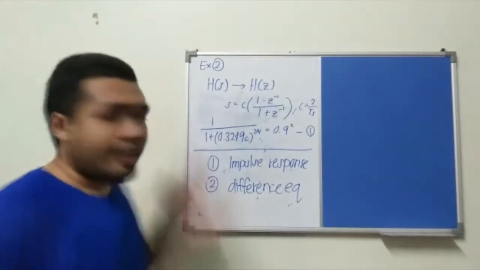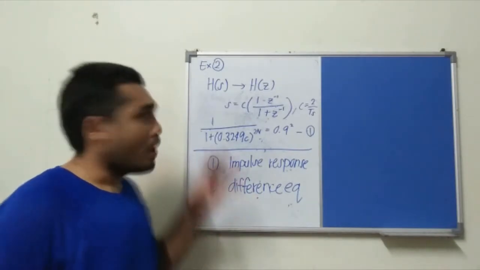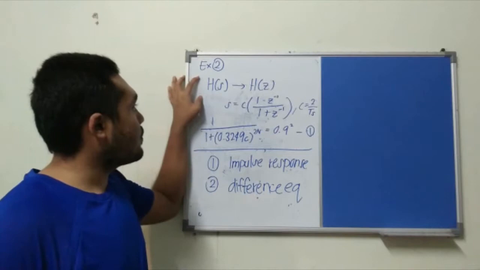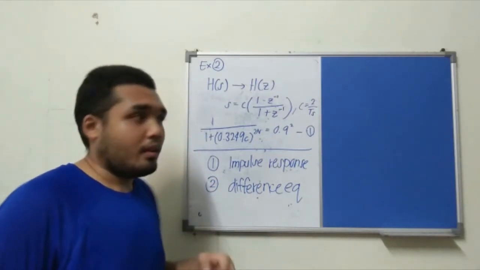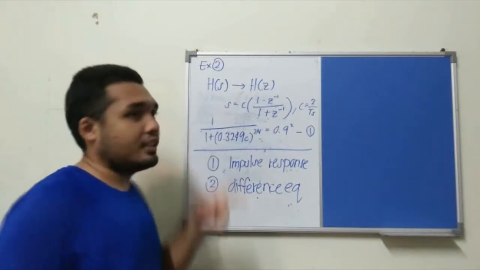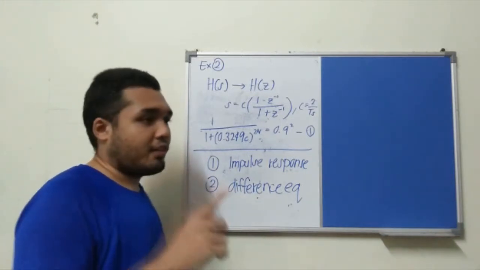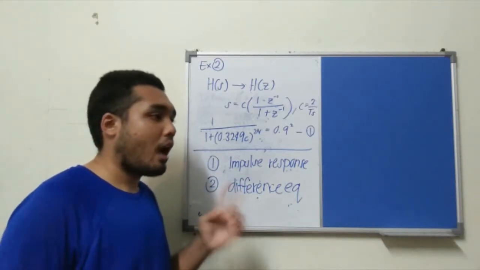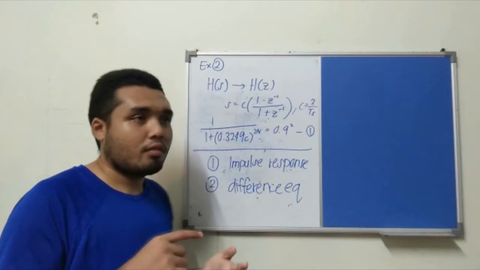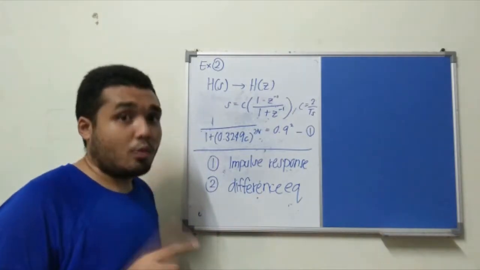Okay. Next, we have the third step, which is when we have the equation from table 7, we have to change it into Z transform. But first, remember, in order to use table 7, our analog cutoff frequency must be 1. And this is true because we assumed it is 1.